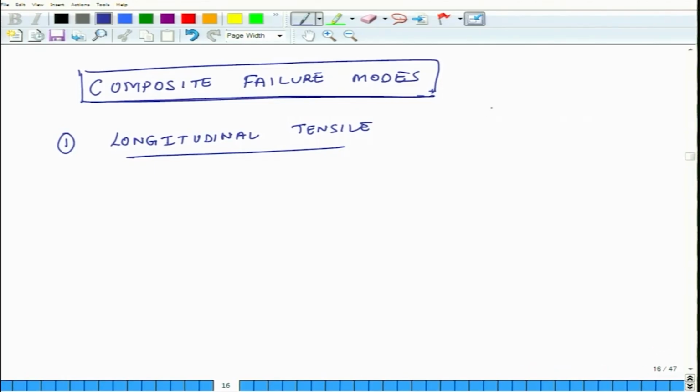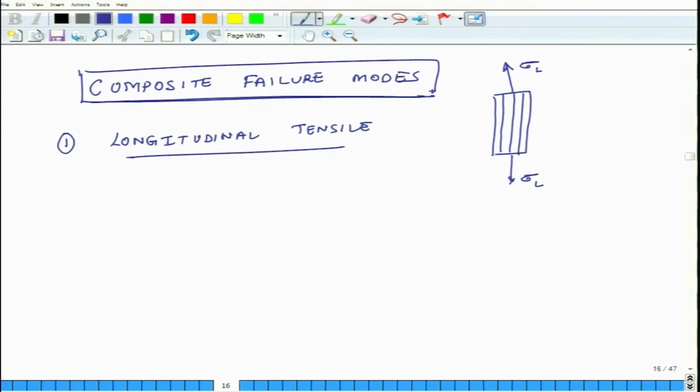So, what is happening in this case, which is you have a composite, fibers are aligned in the length direction and you are pulling the composite in tension. So, this is sigma L, sigma L. Okay.